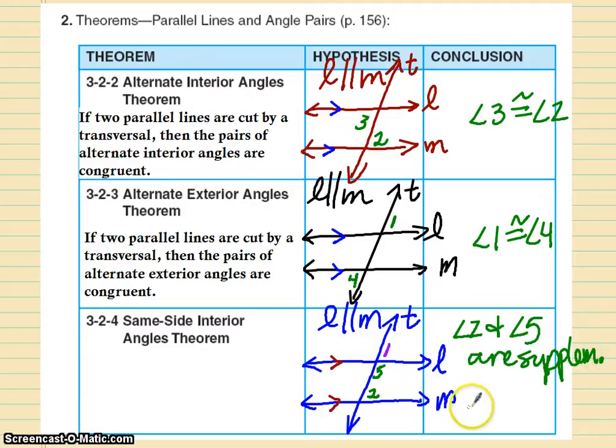I'm going to abbreviate. And I'm going to say the measure of angle 2 plus the measure of angle 5 equals 180, which is what supplementary means. And then I will, of course, type that up.